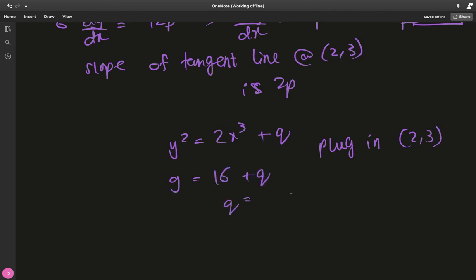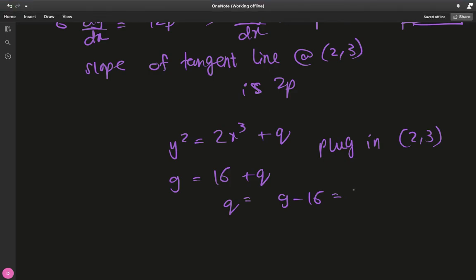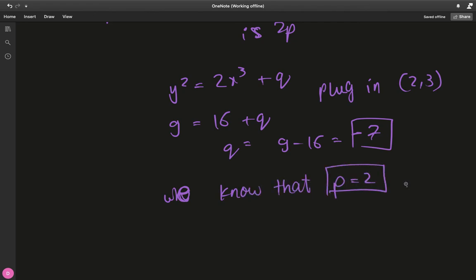So q is nothing but 9 minus 16, which turns out to be negative 7. So we know that p equals 2 and q equals negative 7.